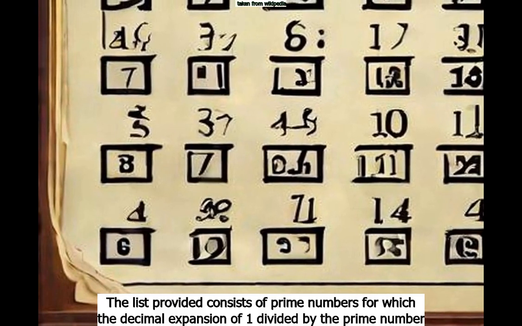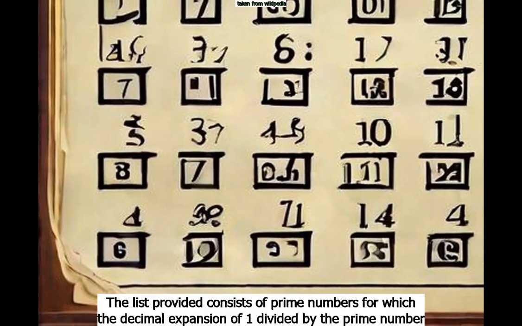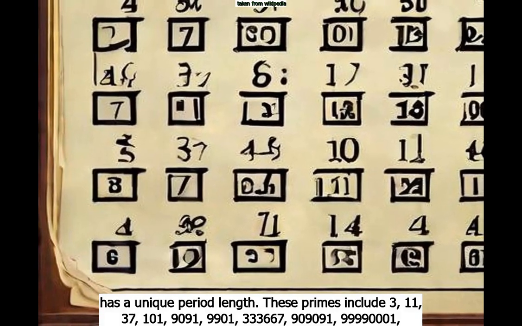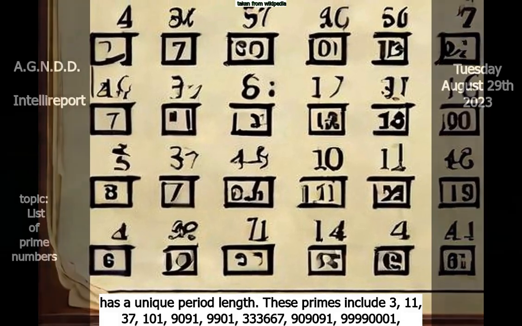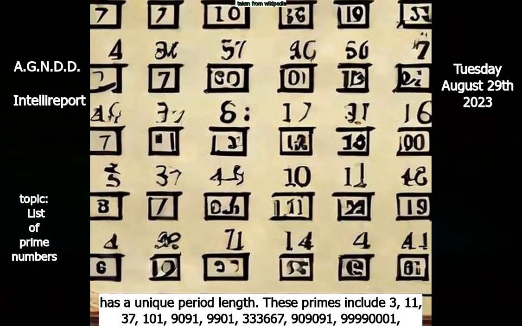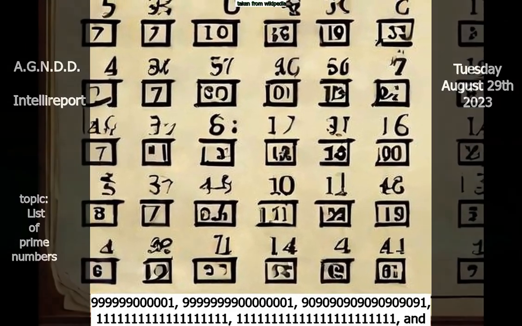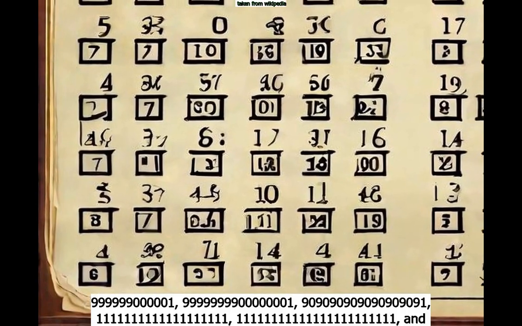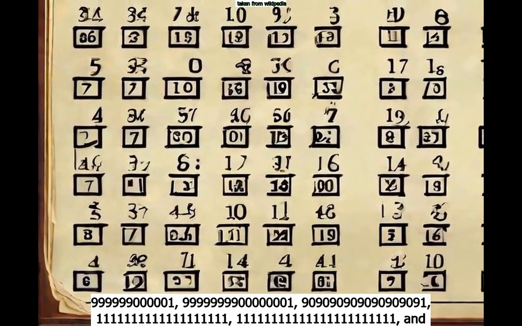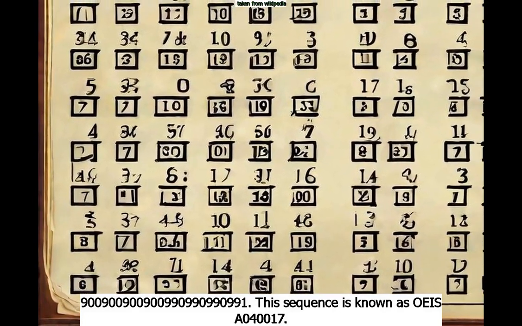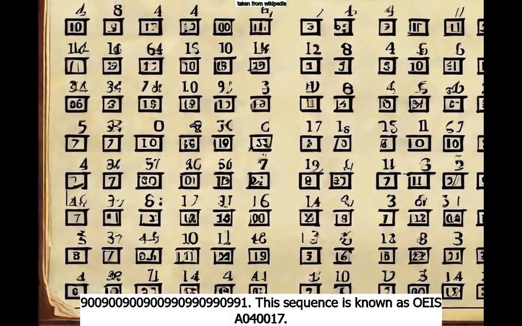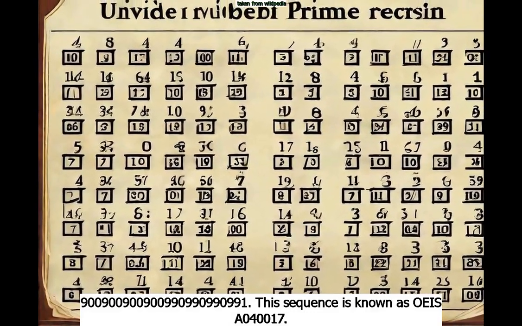These primes include 3, 11, 37, 101, 9,091, 9,901, 333,667, 909,091, 99,901, 9,999,000,001, 9,999,901,000,001, 909,090,909,000,090,091, 1,111,111,111,000,000,111,111,111,111,111, 1,111,111,111,111,111,111,111,111,111, and 900,900,900,900,900,991. This sequence is known as OEIS A040017.